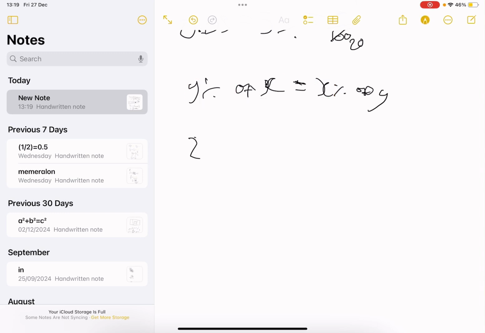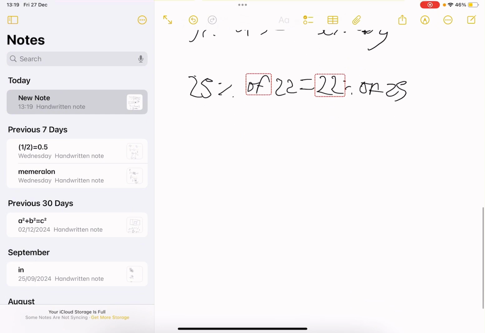Okay? So let's have another example. 25% of 22 is equal to 22% of 25, and vice versa.